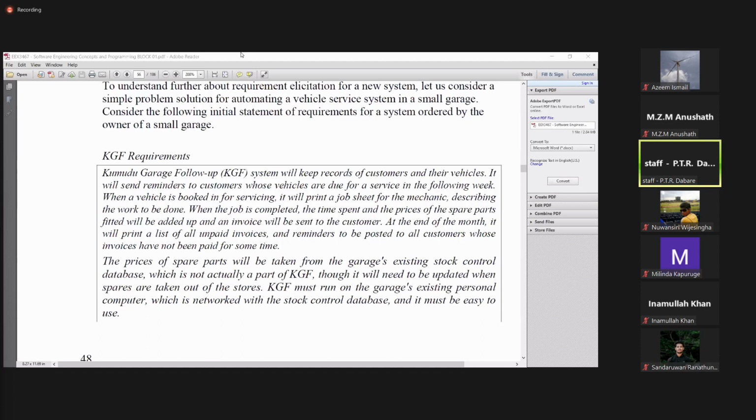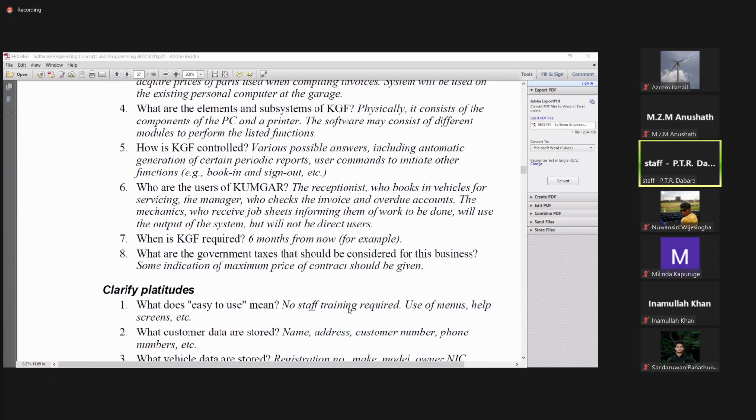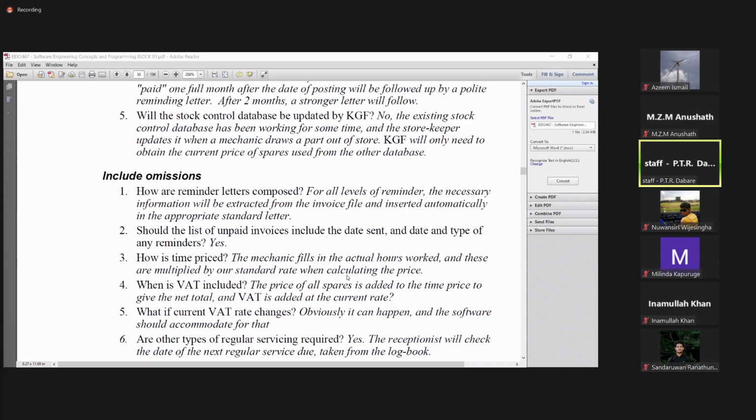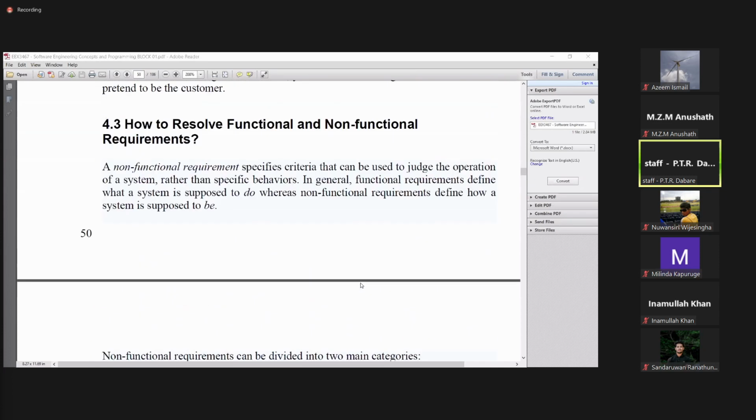That's why you have to learn how to ask questions and get a statement from them. That's what is given in sessions 3, 4, 5. You first read it, then you'll understand. You are not going to imagine anything. No assumptions. That's the first thing we learned under software engineering.